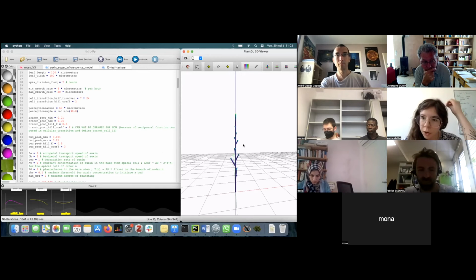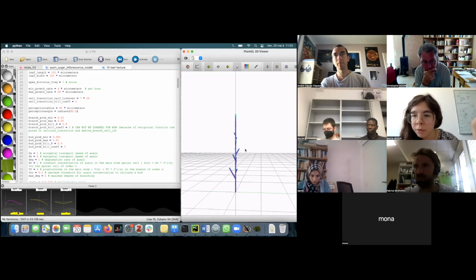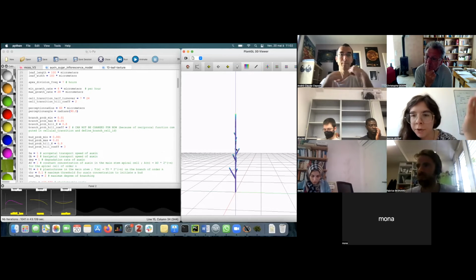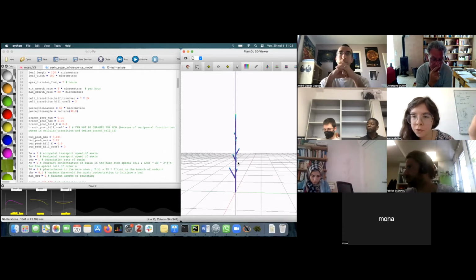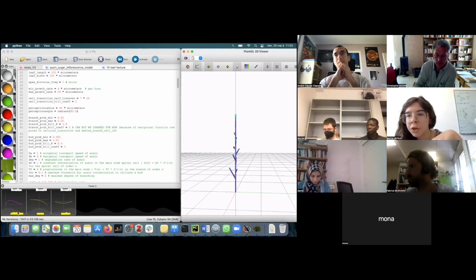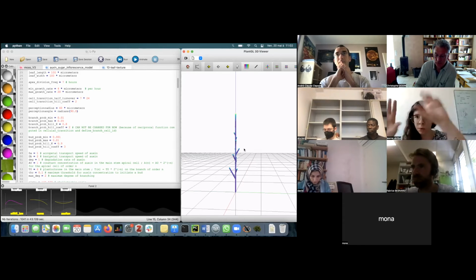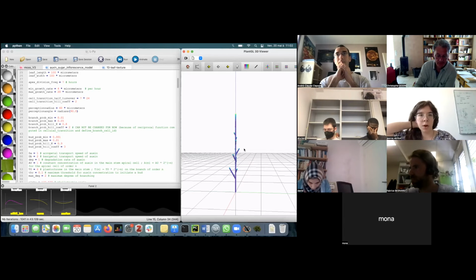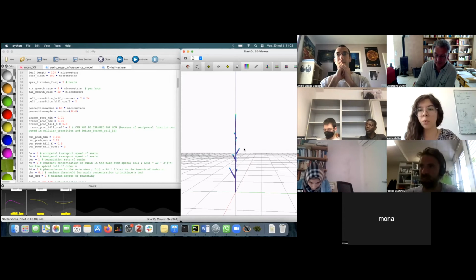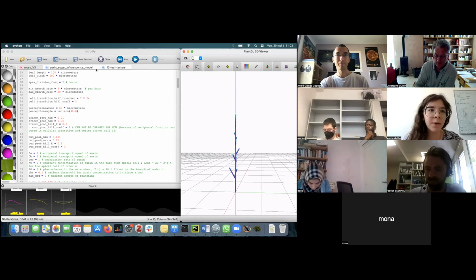So it's basically a finite difference modeling of diffusion, and you need to specify the context where you have a branching, so it diffuses in all directions. I worked with André Claude to use this diffusion in a different model and adding sugar. So I will let André Claude take over.